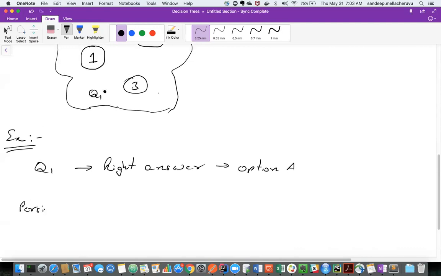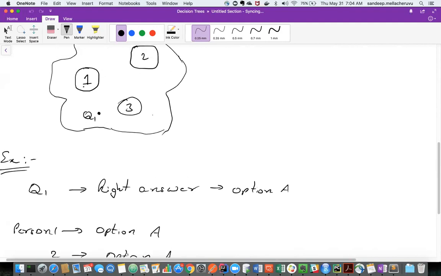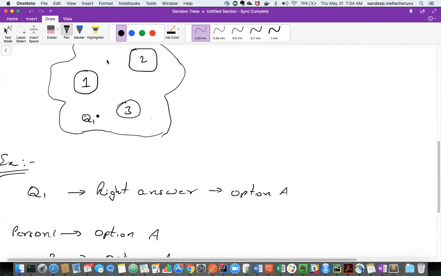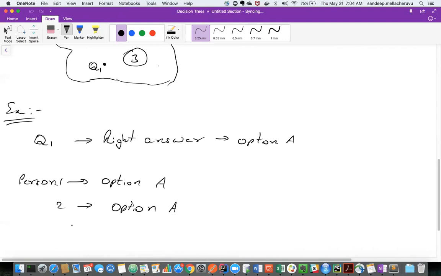Person 1, what will he answer? He'll answer option A. Person 2, he will also answer option A, because this point is outside of these circles. When this is outside of all these circles, all the persons will be able to answer properly. So this guy will also say option A itself.